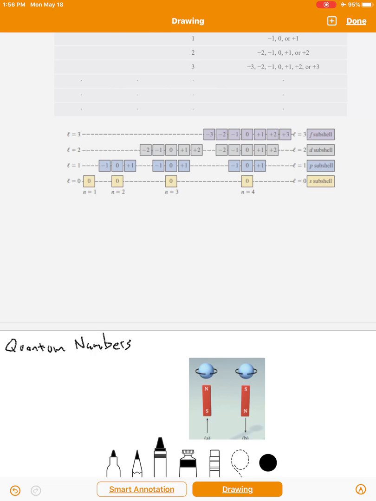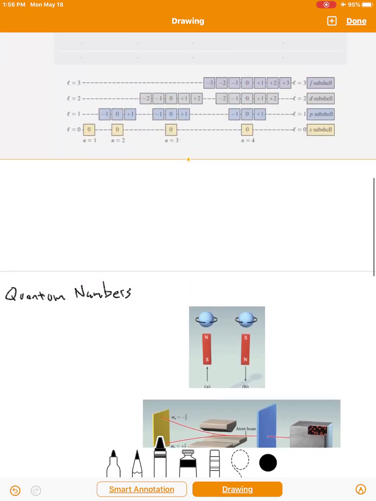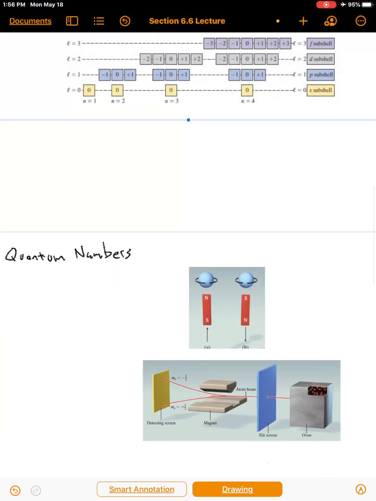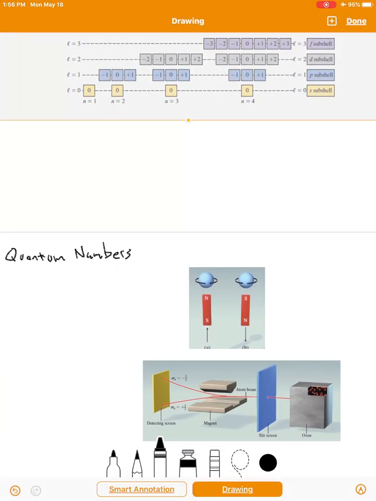Now, within a particular shell are what we call subshells. So in the n equals 1 shell, there's only one subshell, and that's called the S subshell. Let me see if I can put this in as a little box here. Okay, so maybe I can write here.